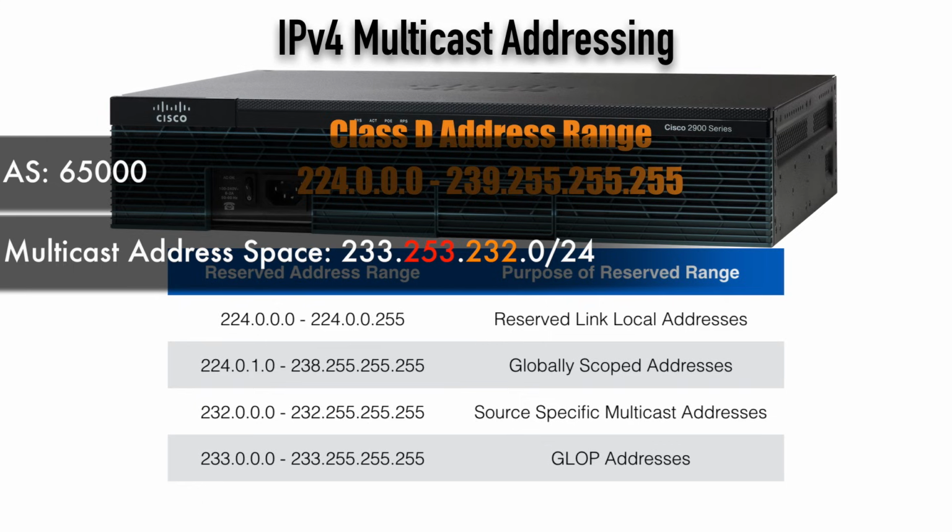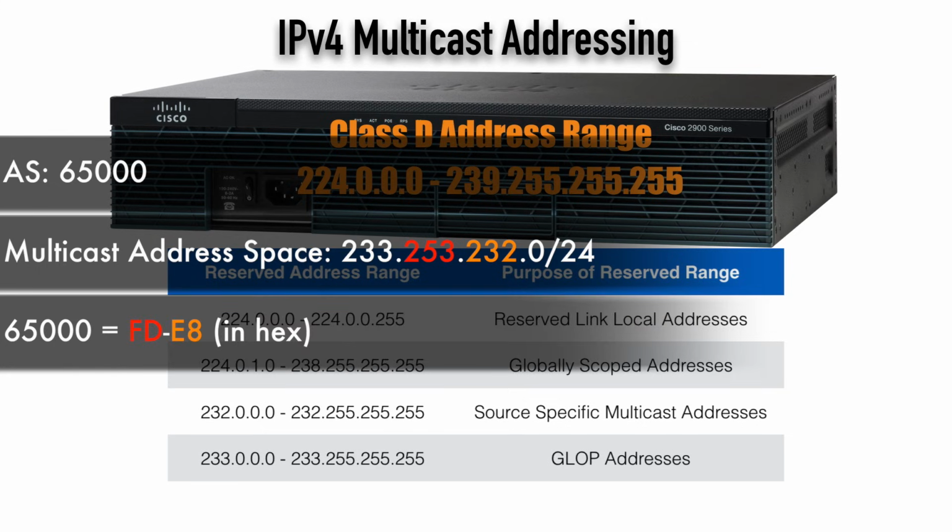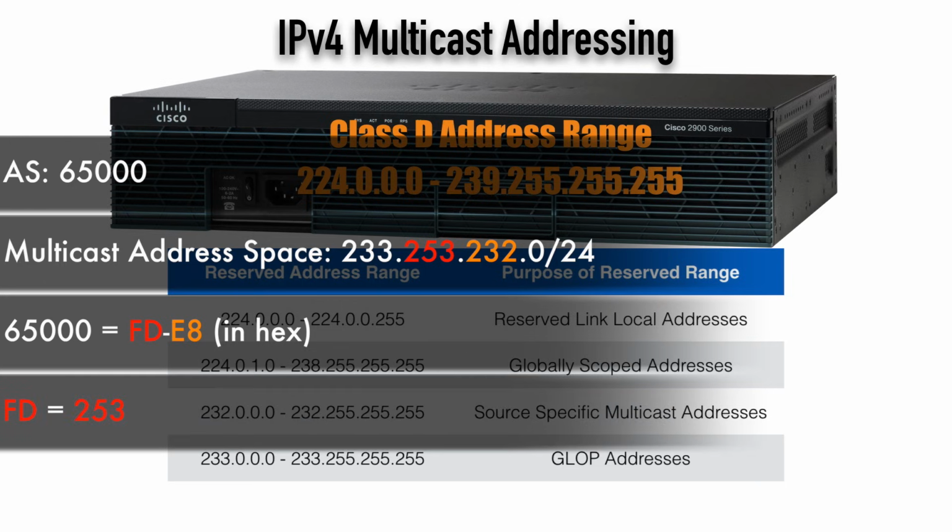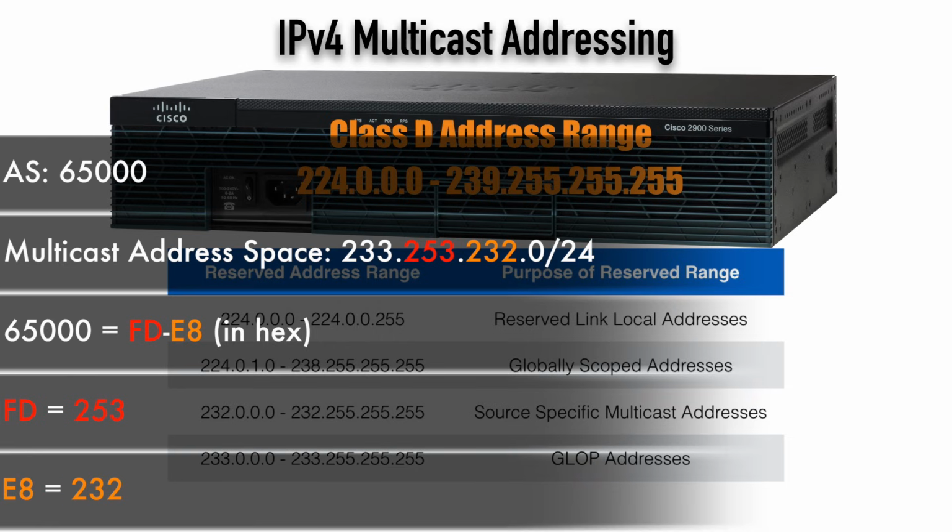Here's the way that breaks down in my example. 65,000 in decimal equals FDE8 in hexadecimal. Now, FD, if we look at just those two hexadecimal digits in isolation, equals 253. Well, that's what we're going to use for our second octet. And E8, if we look at those two in isolation, equals 232 in decimal. That's the third octet of our GLOP address.